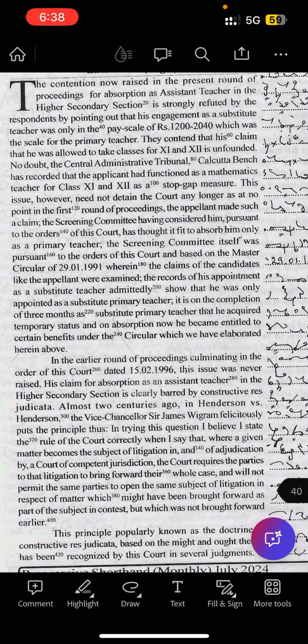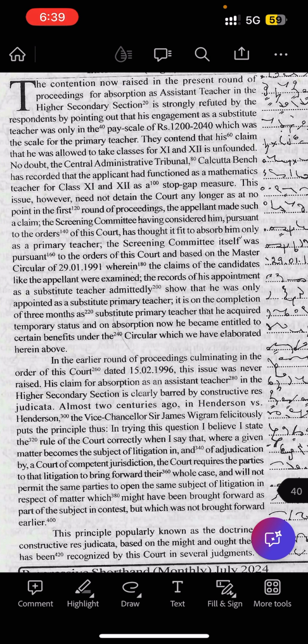The contention now raised in the present round of proceedings for absorption as assistant teacher in the higher secondary section is strongly refuted by the respondents by pointing out that his engagement as a substitute teacher was only in the pay scale of rupees 1200-2040, which was the scale for the primary teacher.